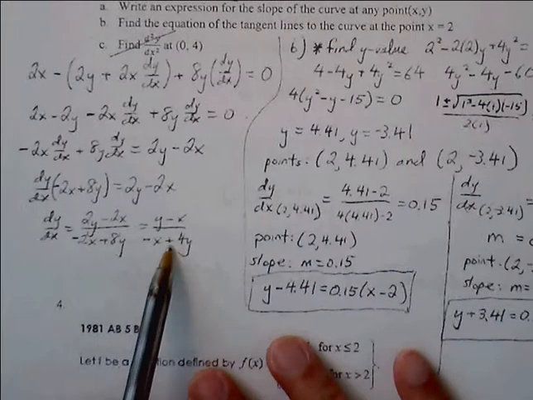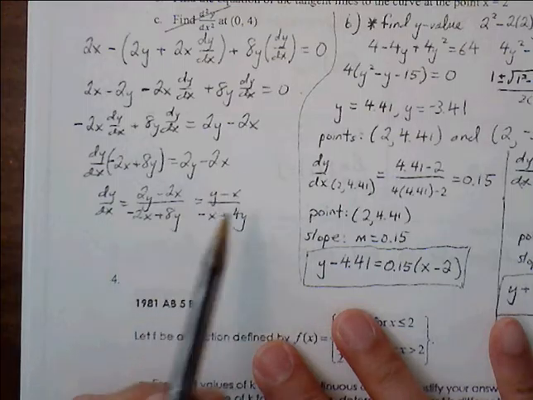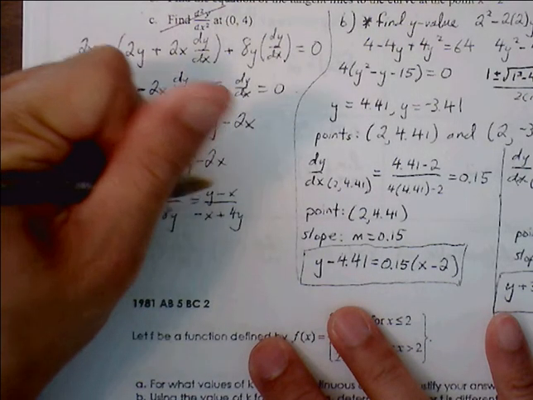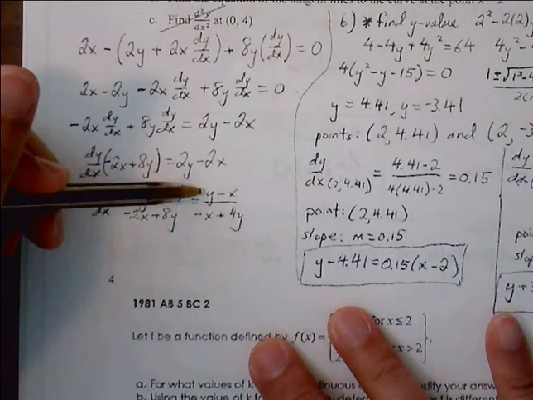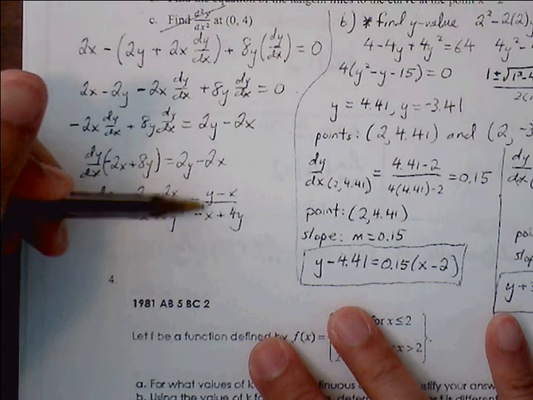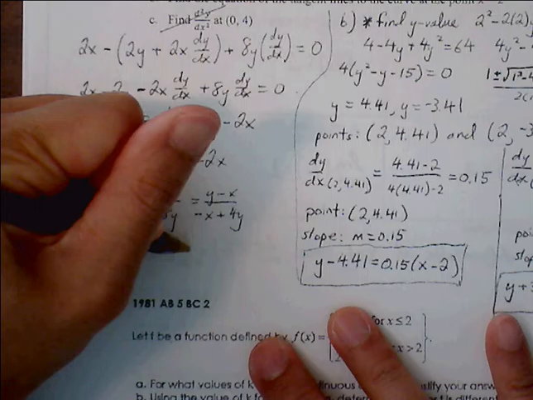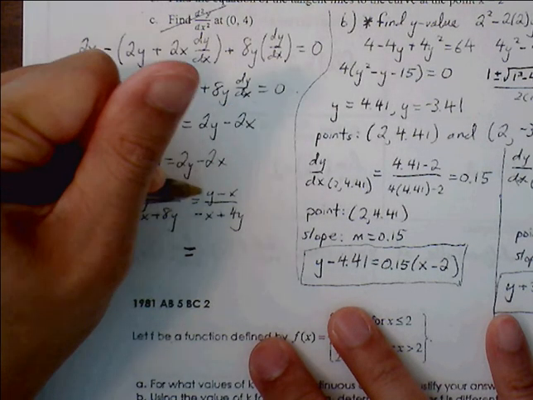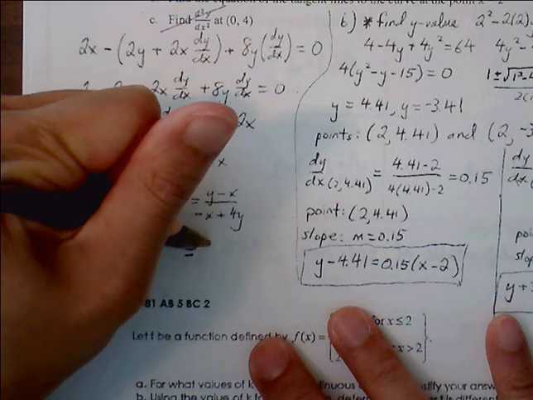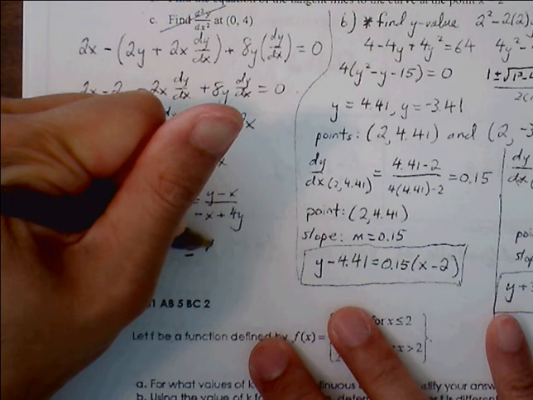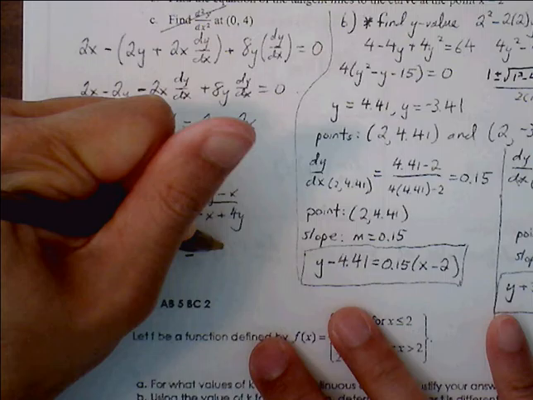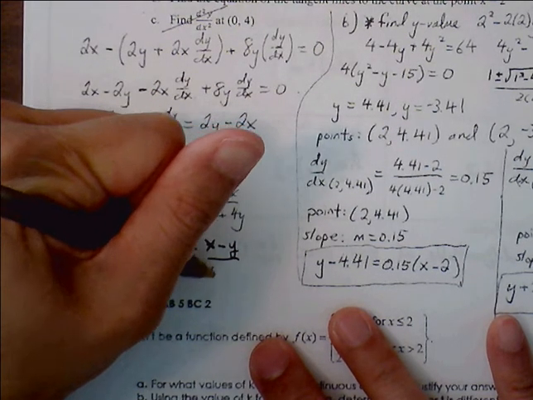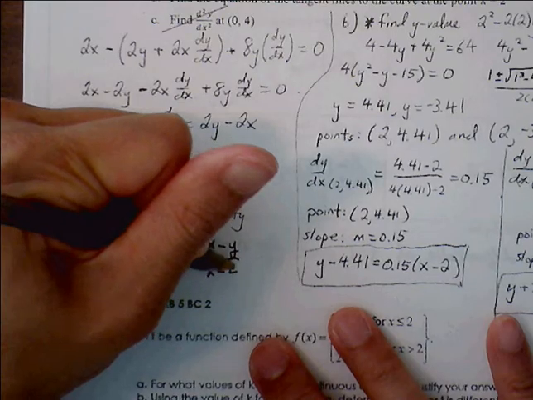So here's the answer. This is a free response, so this is completely acceptable. However, if this is multiple choice, the answer choice could have a negative 1 distributed to both the numerator and denominator. If I multiply everything through by negative 1, negative x turns to x, y turns into negative y, negative x turns into x, and 4y turns into negative 4y.